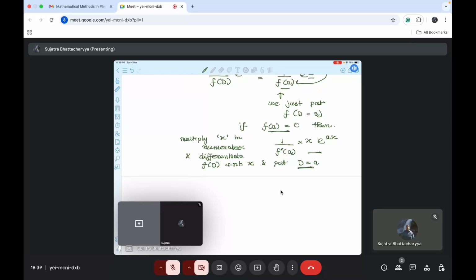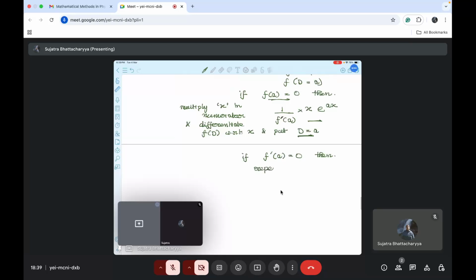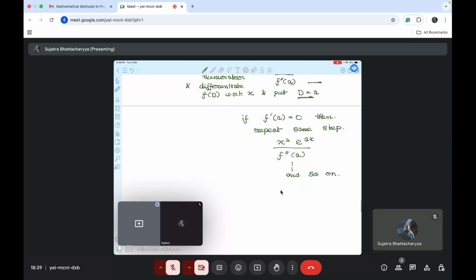That's all. Similarly, if further f dash of a is also equal to 0, then repeat the same step. It becomes x square e to the power ax divided by f double dash of a, and so on. These are the rules to find the particular solution if you have an exponential function on the right hand side as a forcing function.